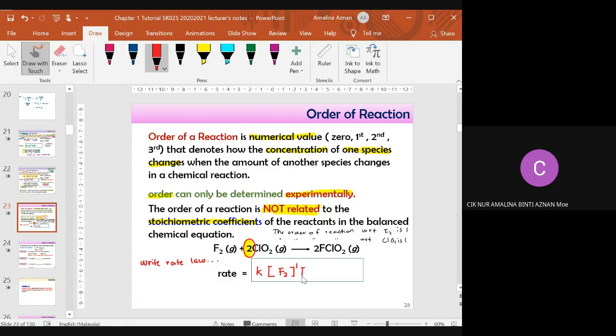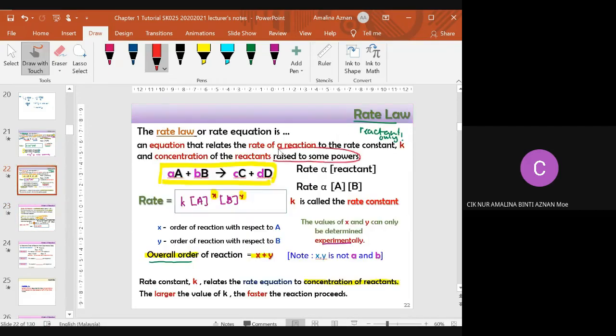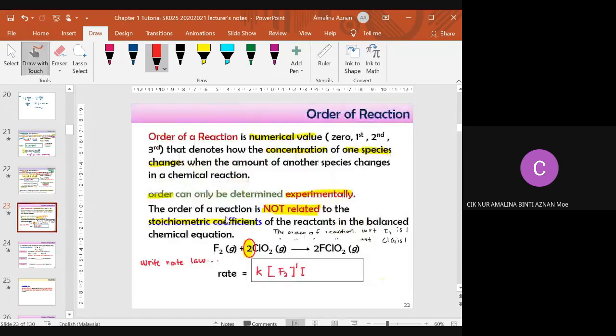Following the definition from before, raised to the power of its order. The second reactant, ClO2, is to the power of 1.